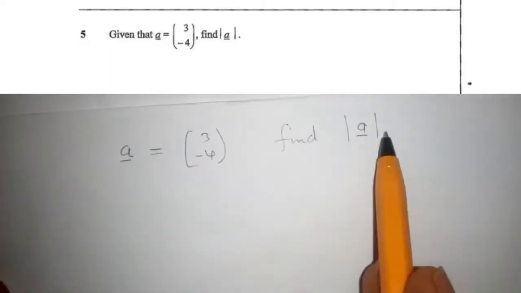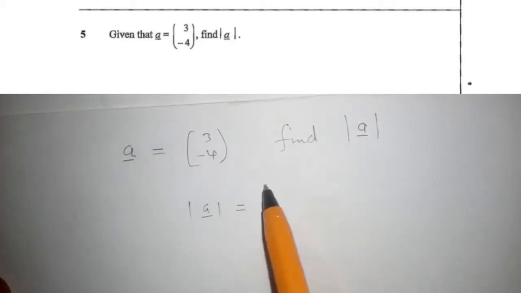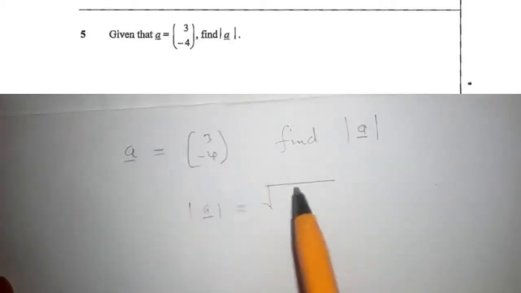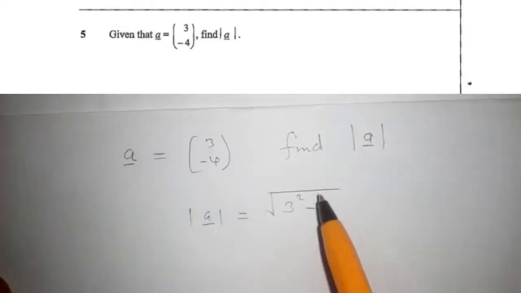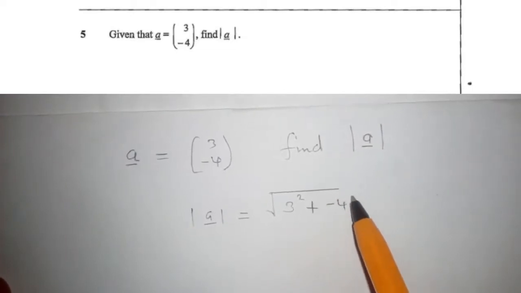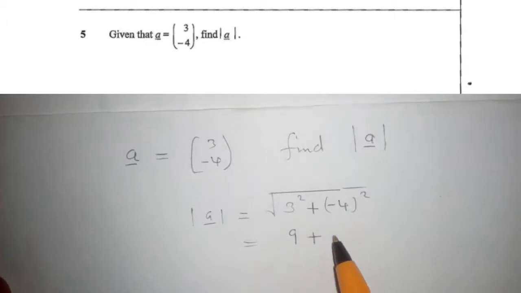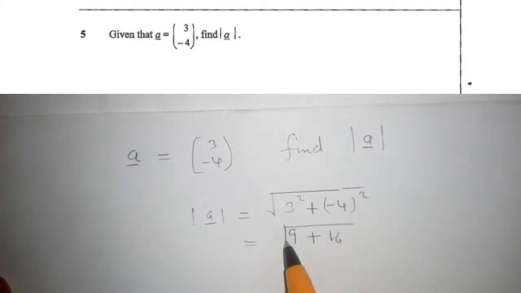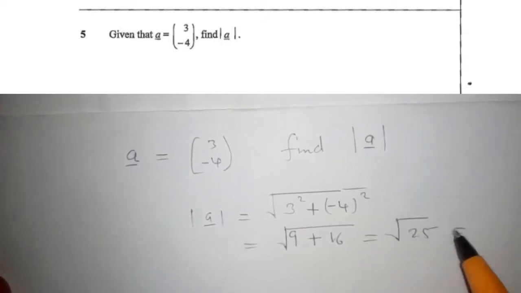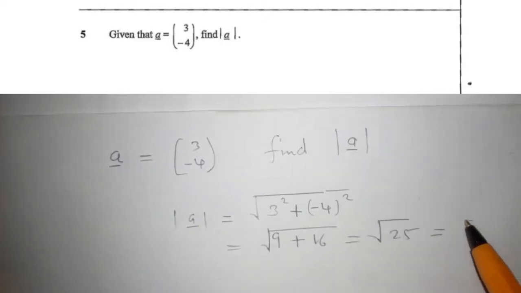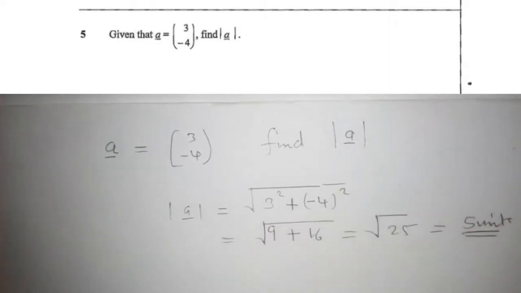So once you just see these two bars, just know that it's a modulus. They want the length. So you do the root, you get the number which is on top, 3 squared plus (-4) squared. So here when you work out things, you have 9 here, you have 16. Then when you solve nicely, you have root of 25. So root of 25 is 5 units. This is how you answer this exam question.